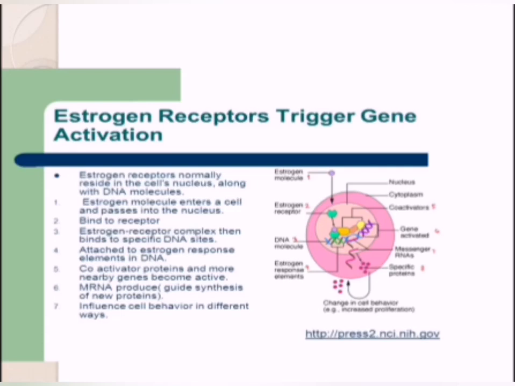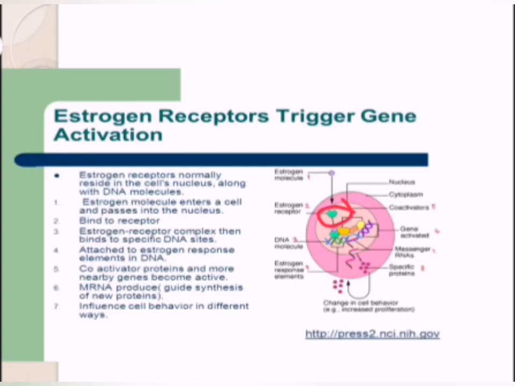I'm going to talk first about the mode of action of estrogen and progesterone. Estrogen is one of the steroid hormones inside our body. So it's synthesized from cholesterol. Because of that, as any steroid hormone, it has receptors inside the cell.